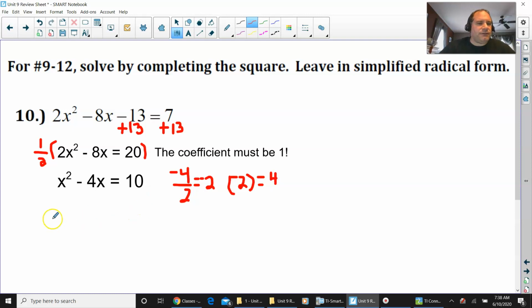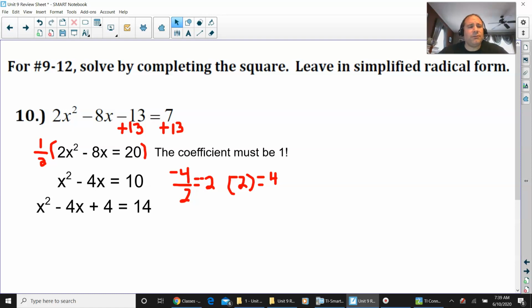Right? So now you have x squared minus 4x plus 4 equals 14, which is 10 plus 4. We are now ready to go.